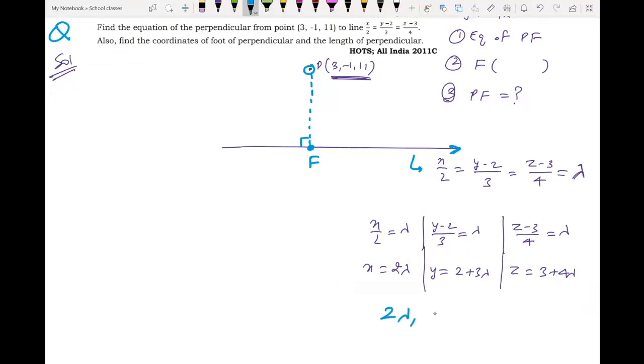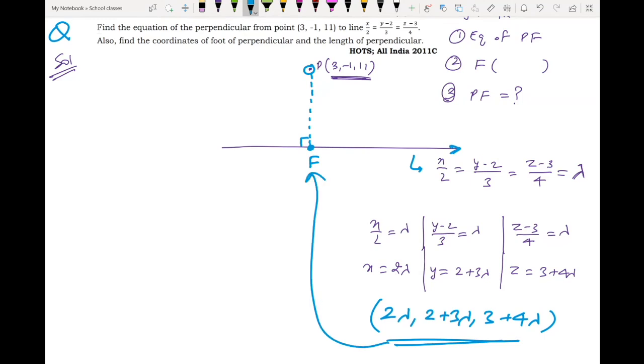This is the general point lying on the given line. So why not F? Can I represent F by using this point? I can say F will be nothing but 2 lambda, 2 plus 3 lambda, 3 plus 4 lambda, because any point on this line will be of this type.